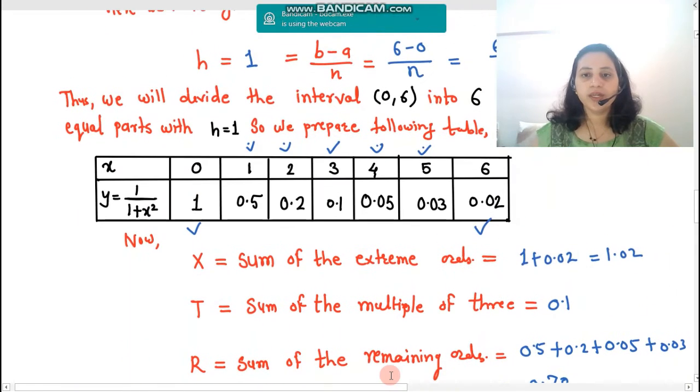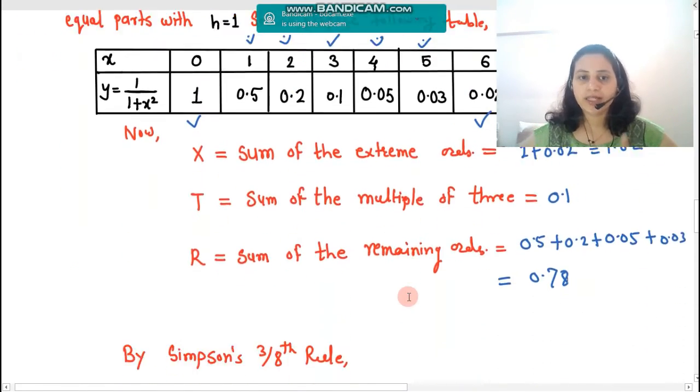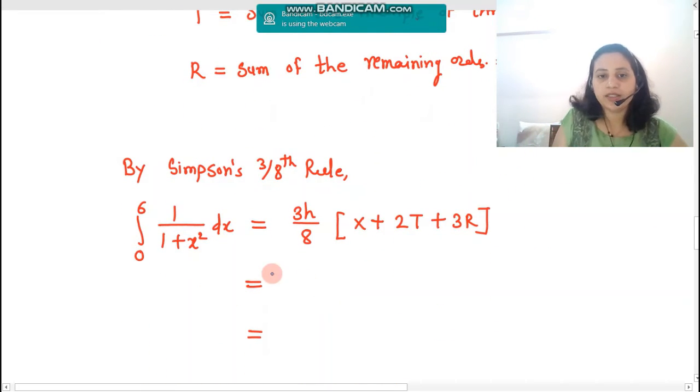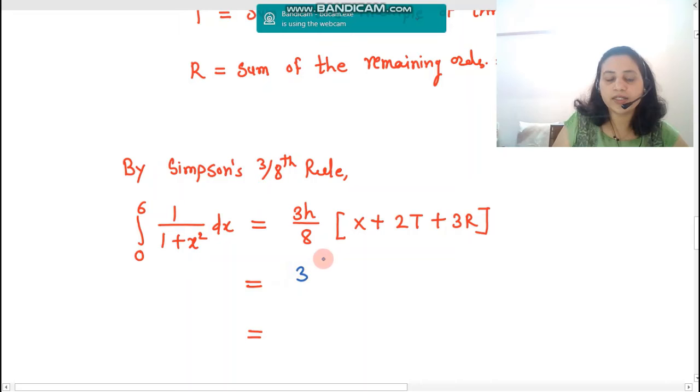Now we have all the values, that means n, h, x, t and r. Okay, now substitute all the values in the Simpson's 3 by 8 formula. So this is the formula 3h by 8 times (x plus 2t plus 3r). Now substitute 3 as it is, h is equal to 1, 8 plus x.